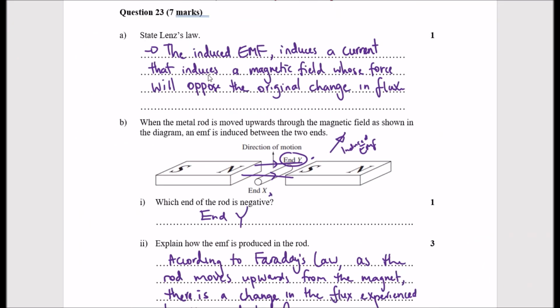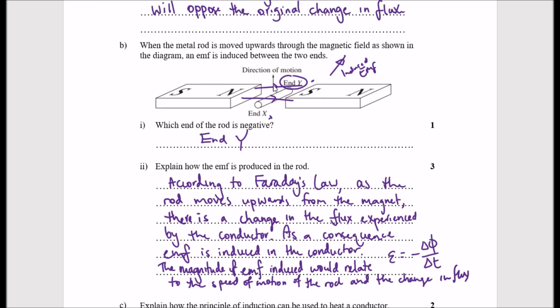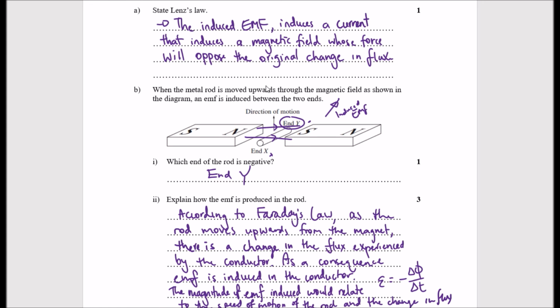So we first talked about Lenz's law, then we looked at this little metal rod here. The main component, I guess, is this one that we show here. I want you to remember very closely what is Lenz's law, how do we apply it to find the induced EMF or induced current, and also how is EMF induced.